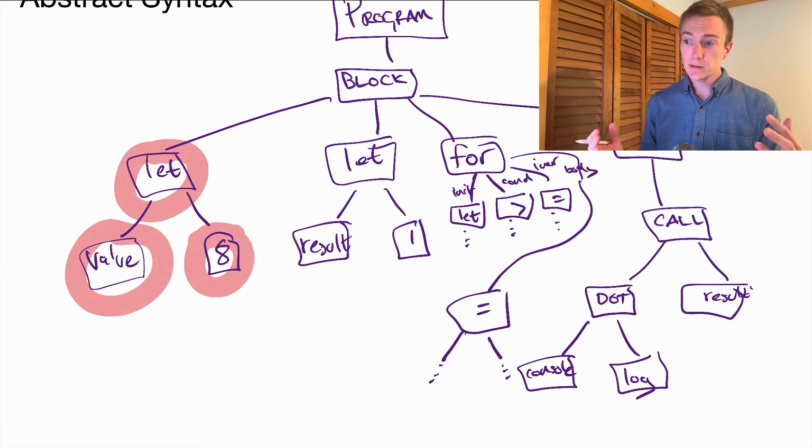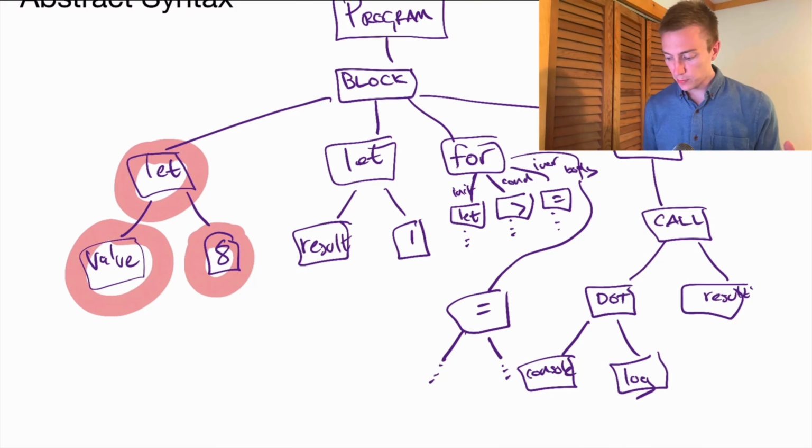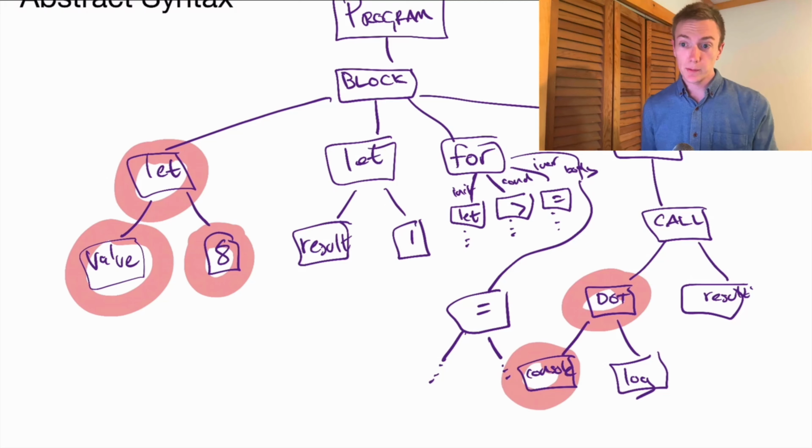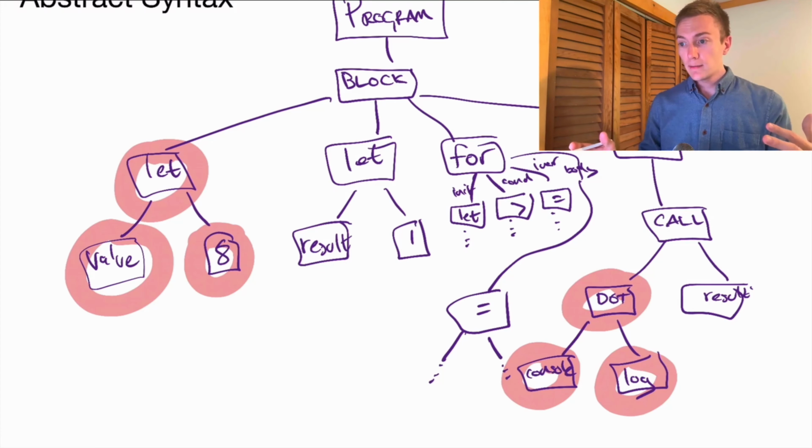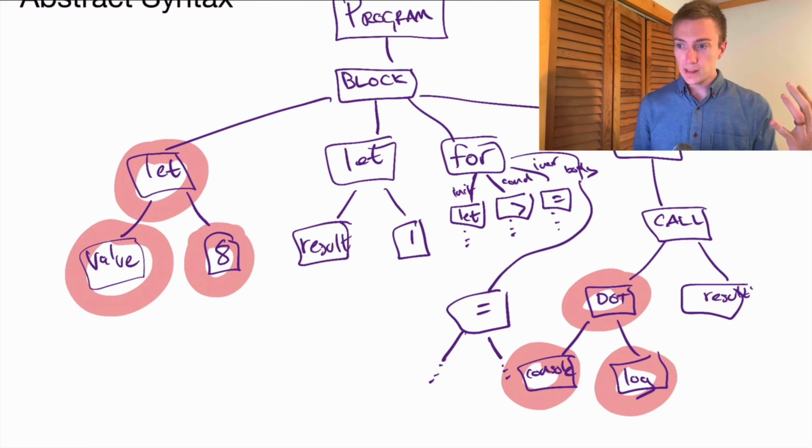And they mean very different things still from, for example, this dot expression that I put over here, where the left-hand side is the name of the variable that we're accessing, and the right-hand side is the name of the field that we're going to be looking things up in. This goes on for the for statement and the assignment statements that we see throughout the rest of this program. All these different kinds of syntax nodes have very different meaning of what their children are relative to the node.